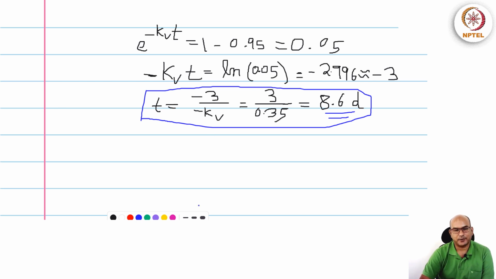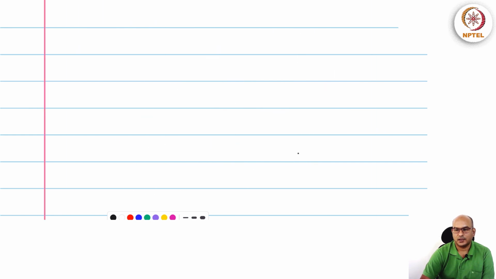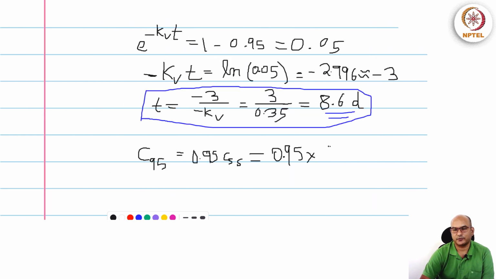Okay, and for the 95% concentration, we will write C95 equal to 0.95 CSS, and our CSS was 5.87 micrograms per meter cube.